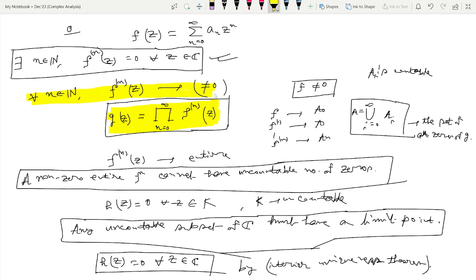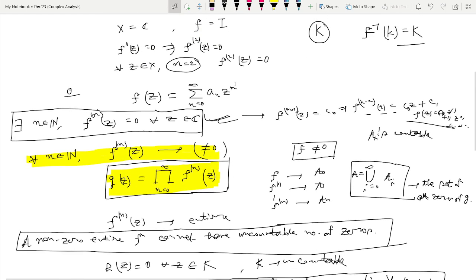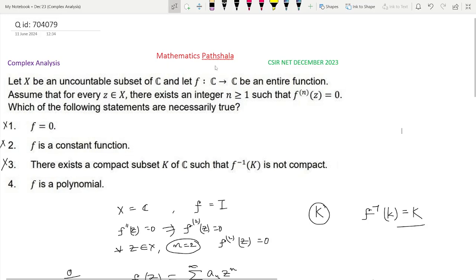So we must have some n such that f_n(z) = 0 for all z belongs to C. Now by repeated use of integration, we can prove that f is a polynomial, because f_{n-1}(z) will be a constant, say C, then f_{n-2}(z) will be C0 z plus C1, and similarly up to f(z) equal to some constant z to the power something plus some constant z to the power something plus and so on up to some constant. So this is a polynomial f. In this way we can prove this result. So f is a polynomial.